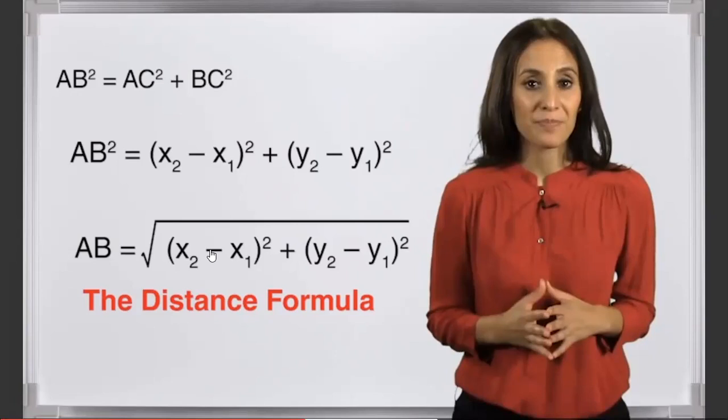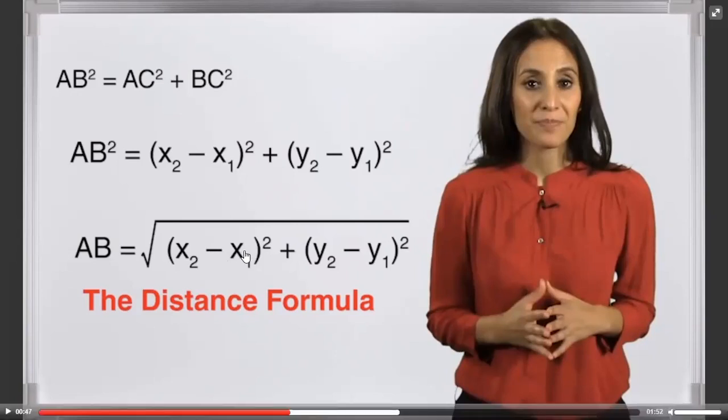Well, because we're talking about triangles now and 2 points within that triangle, it's a comparison that is done in a slightly different way. We're going to subtract one x value from the other and square it and add it to the y values that we can subtract in the same way and square that. This symbol here at the end, once you do all these calculations, then you have to apply the square root.